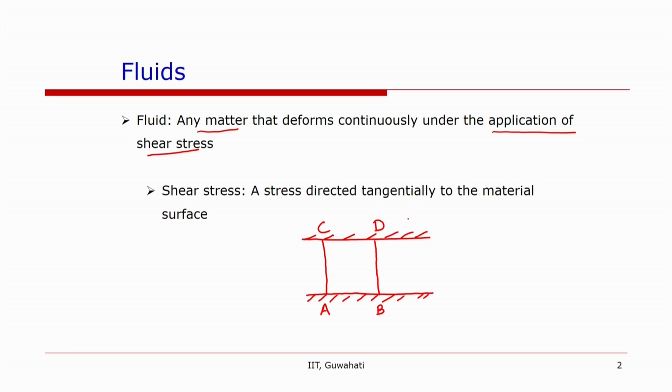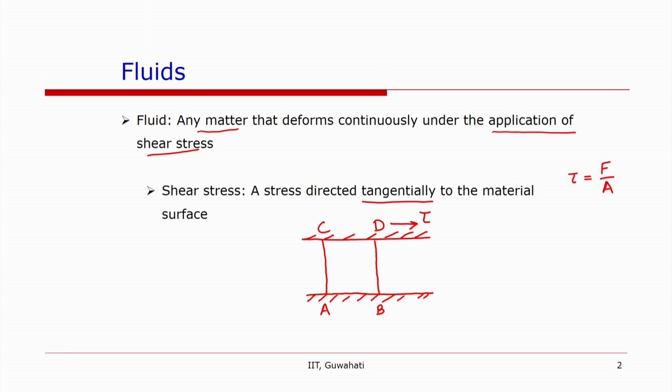Now, if a shear stress is applied on this plate, let us remind ourselves that shear stress is a stress that is directed tangentially to the material surface. Stress is force per unit area, and shear stress is the one directed tangentially to the surface.